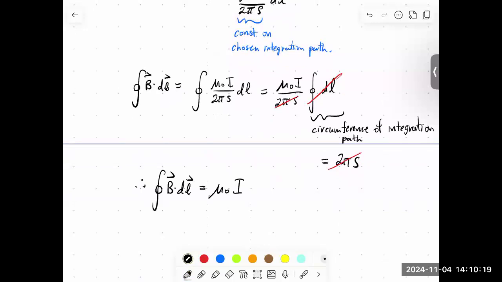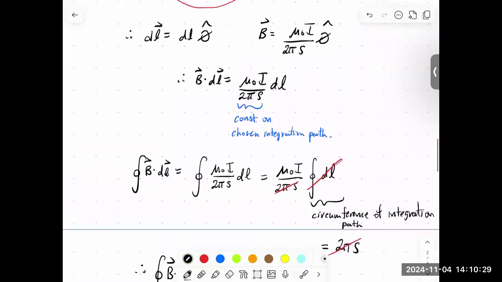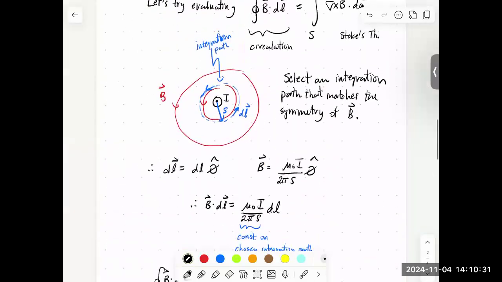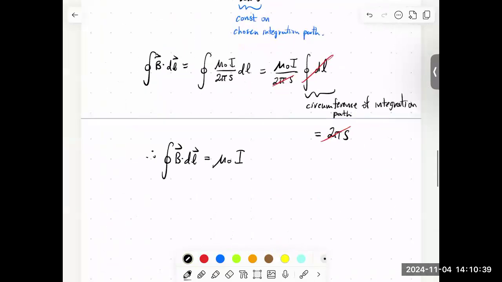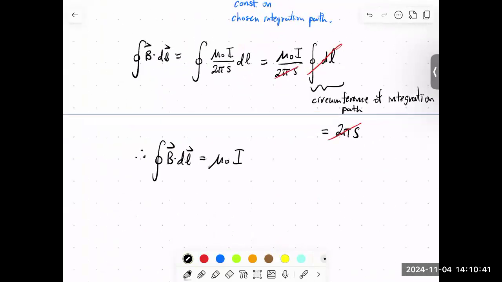This will eventually be what we call the integral form of Ampere's law. But what we've done so far is not that impressive, because all we've done is show that it's true for the special case of a long straight current. What we're going to try to do is generalize this result to show that it is always true.